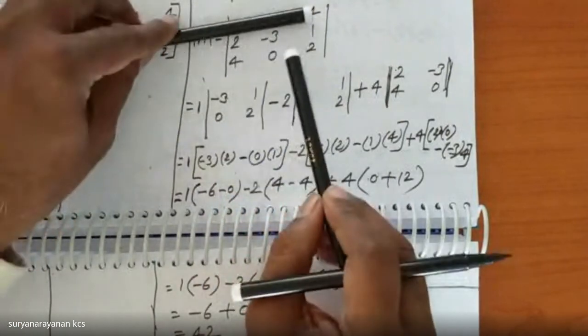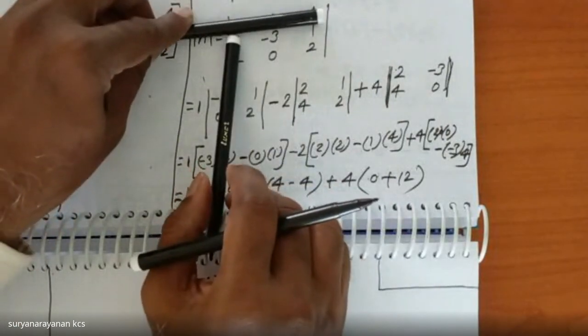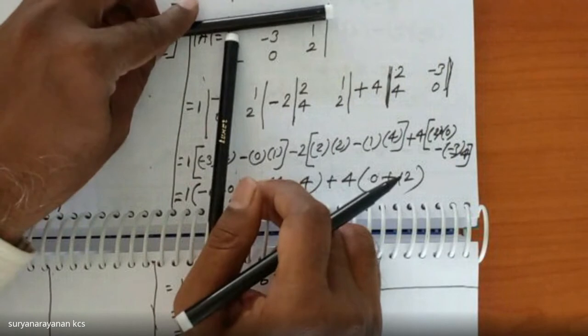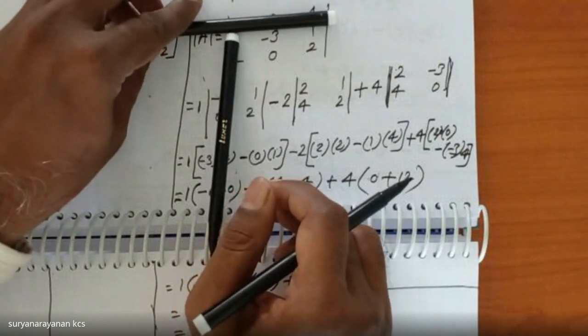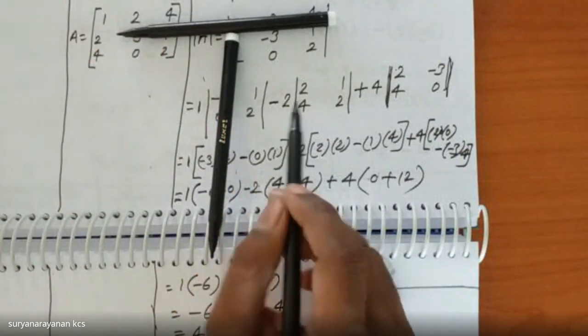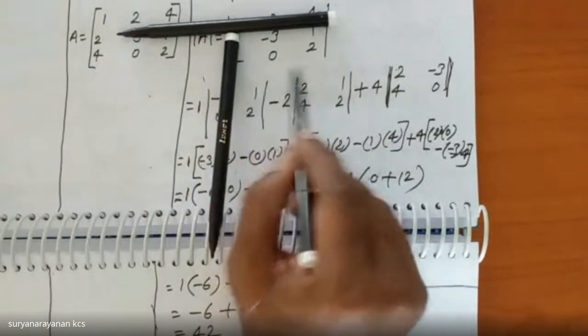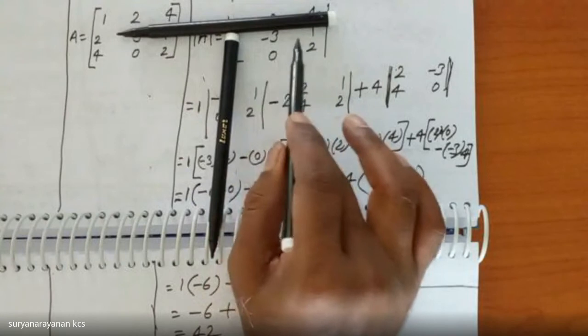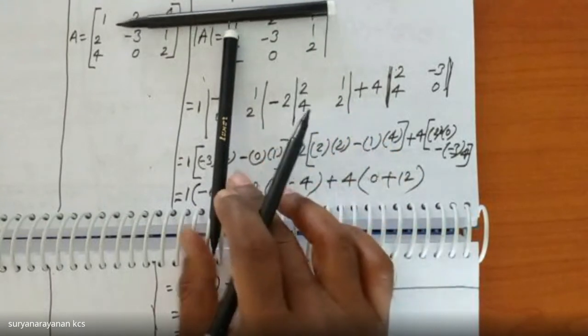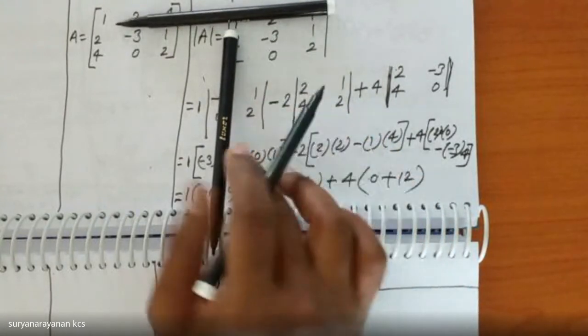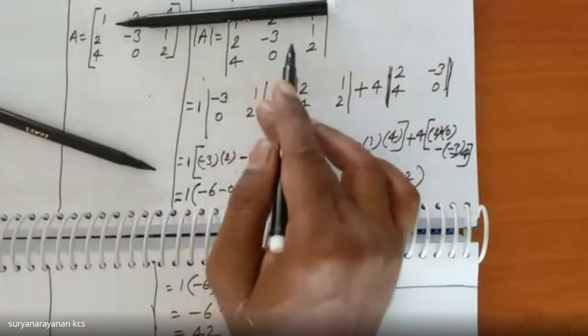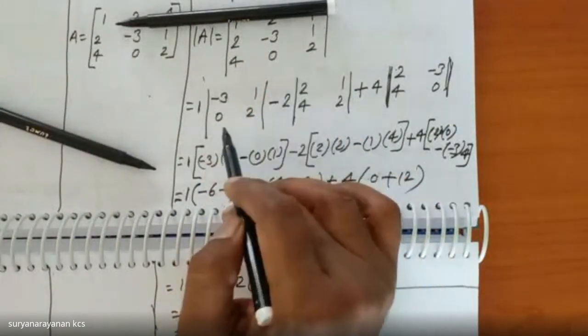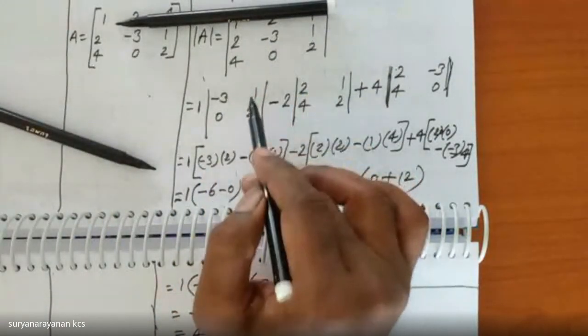So we close that first row, first column. Then you can see only 4 elements left here: minus 3, 1, 0, 2. Copy that part and paste here: 1 times the det of minus 3, 1, 0, 2.